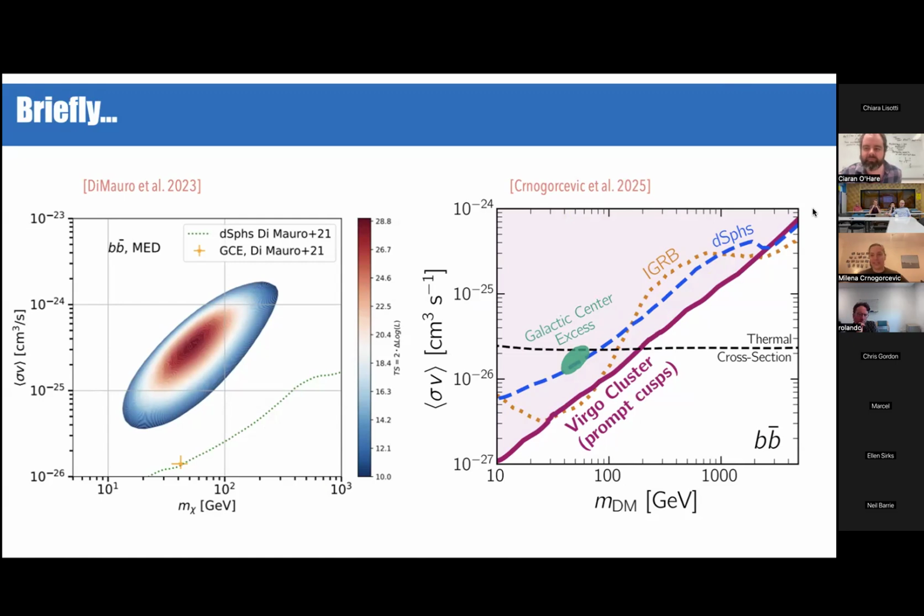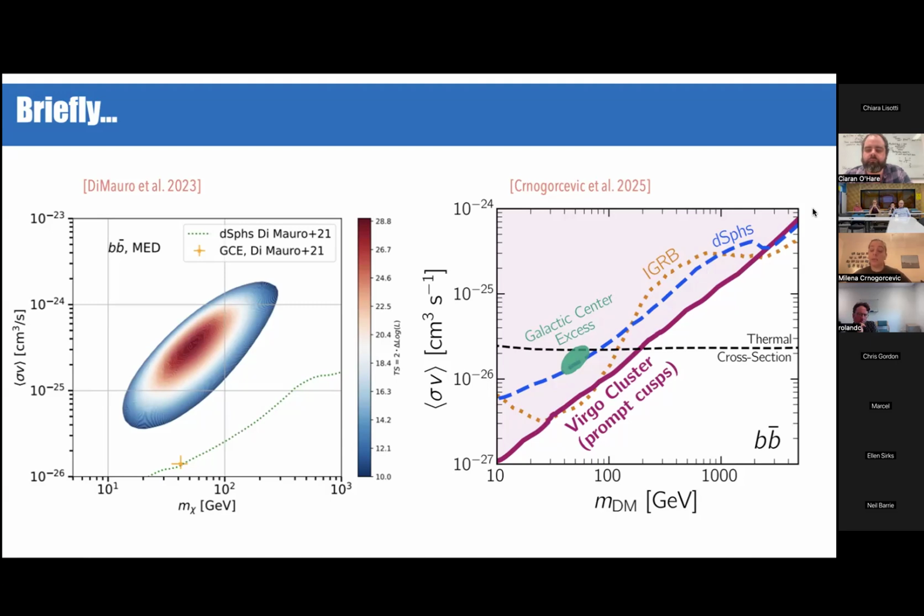That's a very good question. Thank you for asking. It is apples to apples. The reason is that prompt cusps would not necessarily affect the emission from the dwarf spheroidals and the galactic center excess, because we're looking at the central regions of these objects, which are dominated by very large dark matter densities.